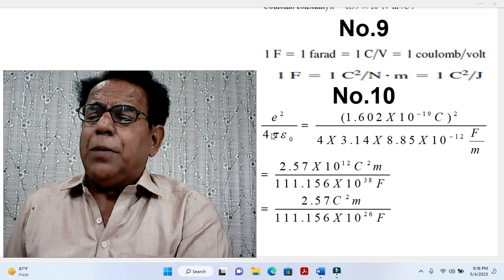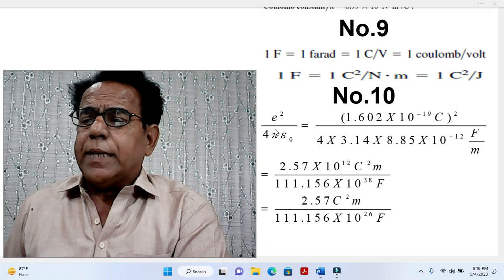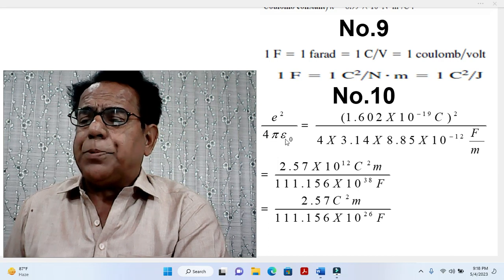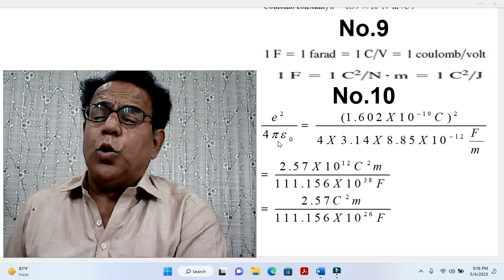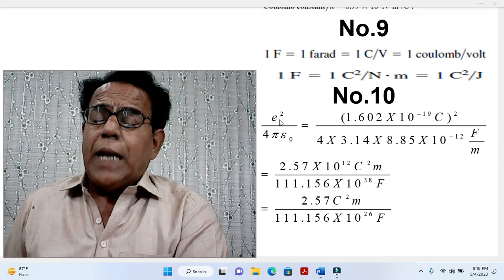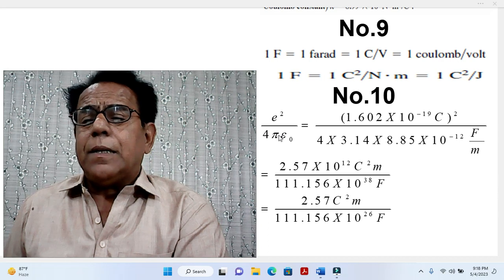Because we have given much more importance to this combined constant, that is e square over 4 pi epsilon naught, and we know that its value is equal to 1.440 electron volt nanometer or million electron volt femtometer.